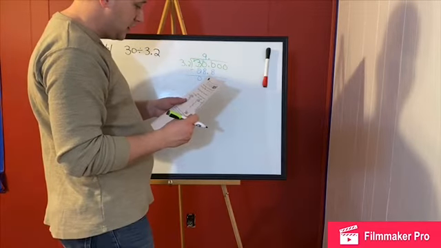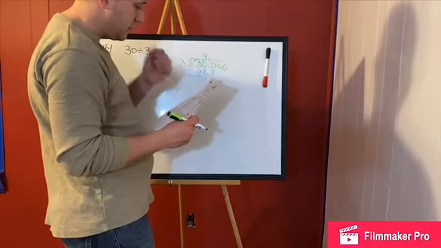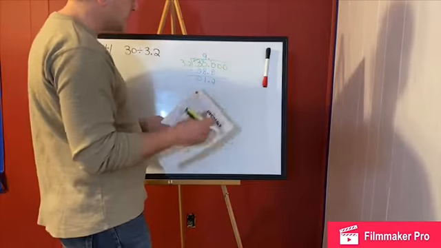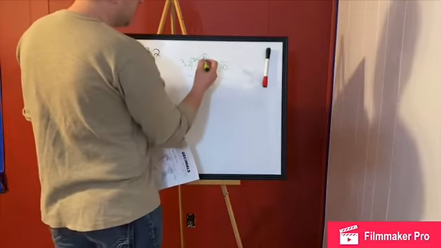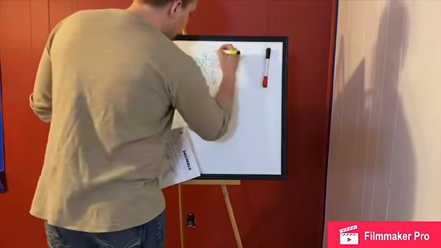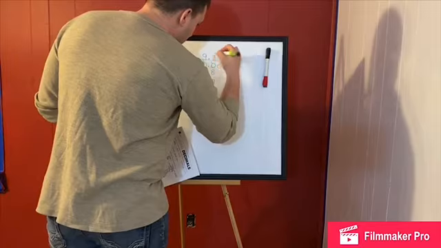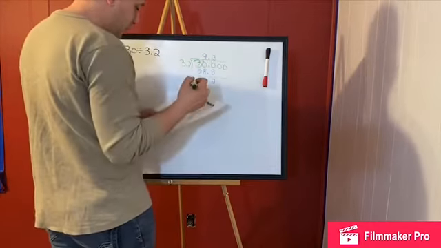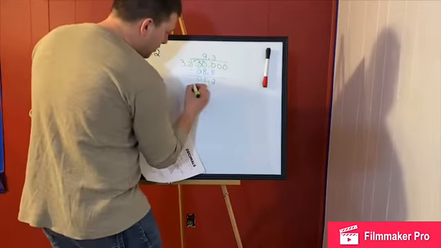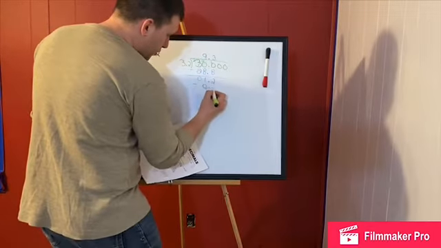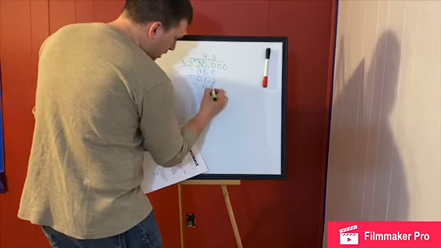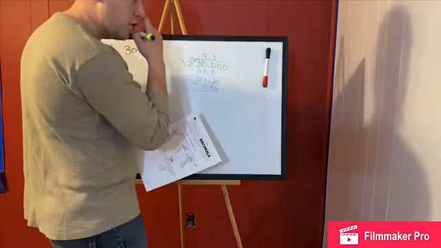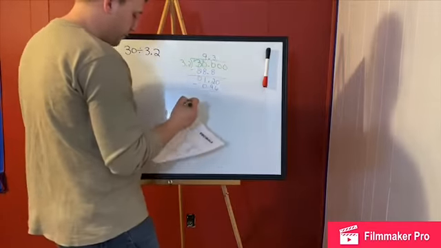So, let's think here. Now we're going to multiply by 0.3, so put a 3 here. 0.3 times 3.2 gives us 0.96. That's as close as we can get to 1.2.